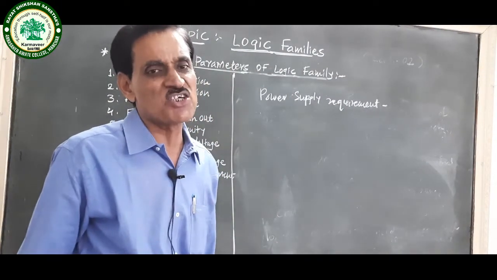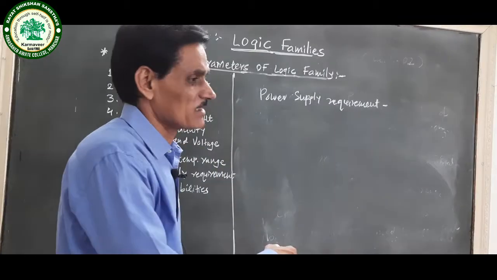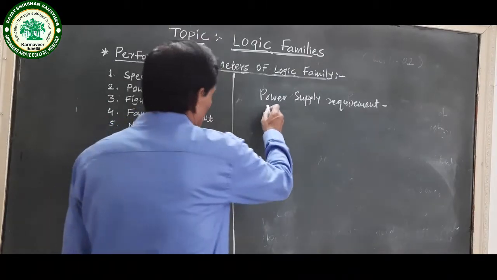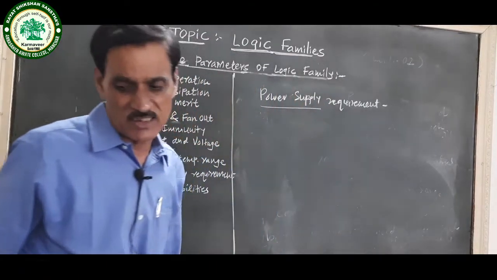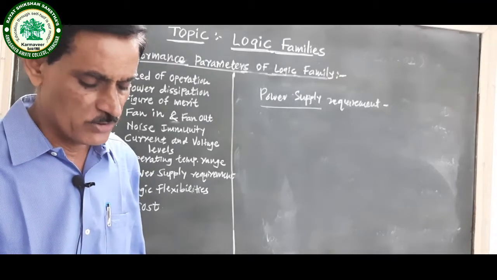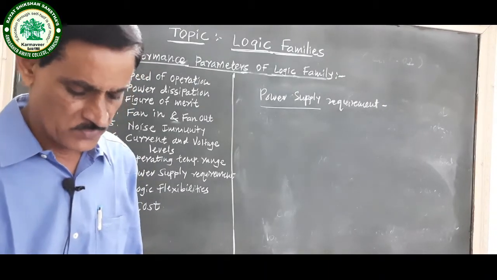You take any function, any IC, but the different ICs will operate on the same power supplies. For example, in TTL, the power supply is only 5 volts, DC power supply.